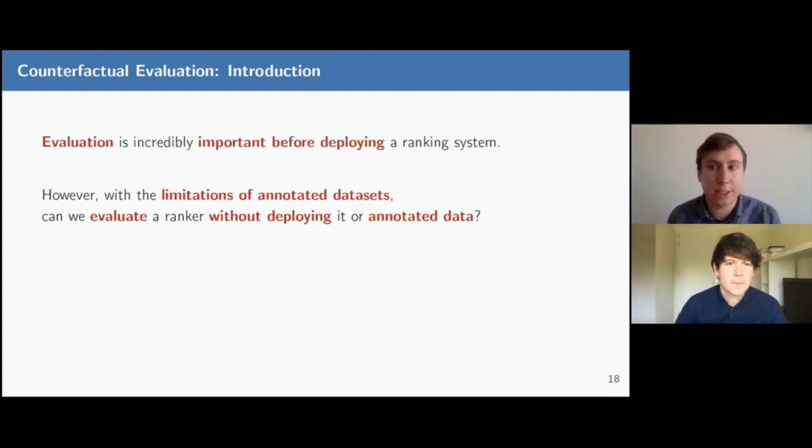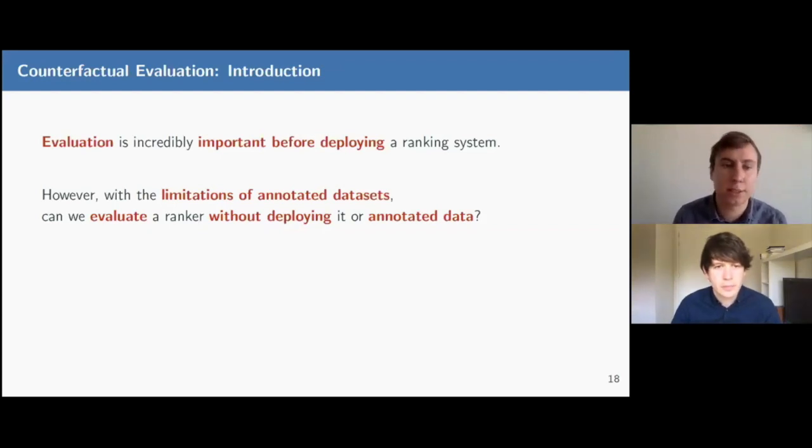But as we have seen in the introduction, there are limitations of using annotated data sets. So the question we're mostly interested in here in this counterfactual evaluation part is, with these limitations of annotated data sets, can we evaluate a ranker without actually deploying it and without having access to annotated data? That's the key question we're interested in here.